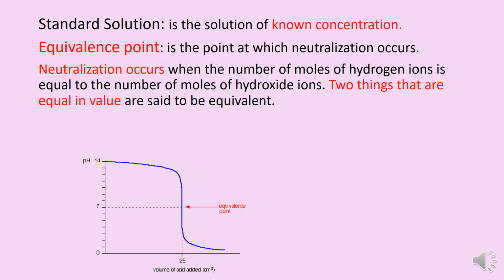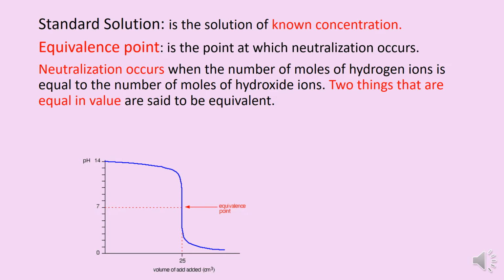Two things that are equal in value are said to be equivalent. So here in the graph, this graph shows that the equivalence point occurs between strong acid and strong base at pH equal 7.